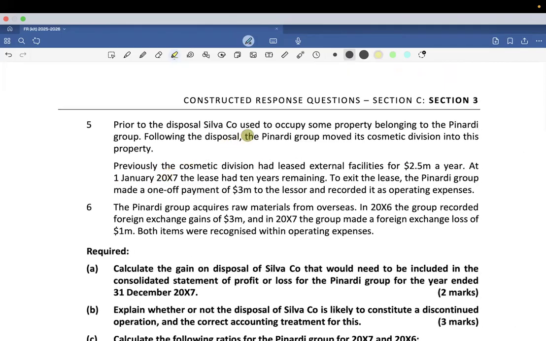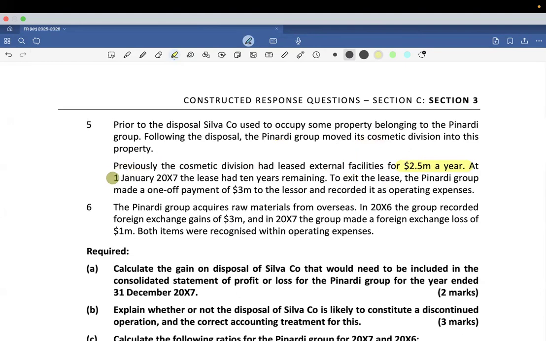Prior to the disposal, Silva Company used to occupy some property belonging to Pinardi Group. Following the disposal, the Pinardi Group moved its cosmetic division into this property. Previously, the cosmetic division had leased external facilities for 2.5 million a year. So prior to this disposal, it was used by Silva Company, and hence Pinardi had to lease a certain place in order to meet their cosmetic division requirements.